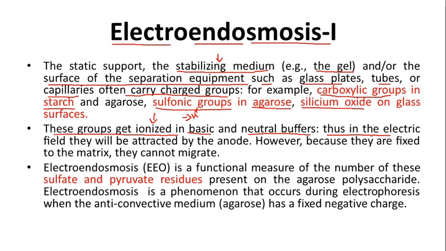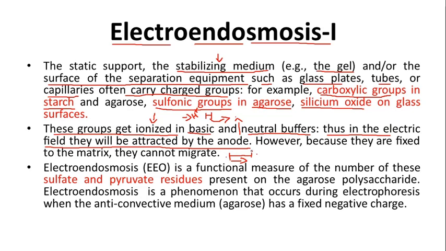Thus, in the electric field, they will be attracted by the electrode. After ionization, the groups have donated H plus ions and carry a negative charge. A negative charge is always attracted by the anode, because we run the gel between the cathode and the anode, and the direction of migration is from cathode to anode.